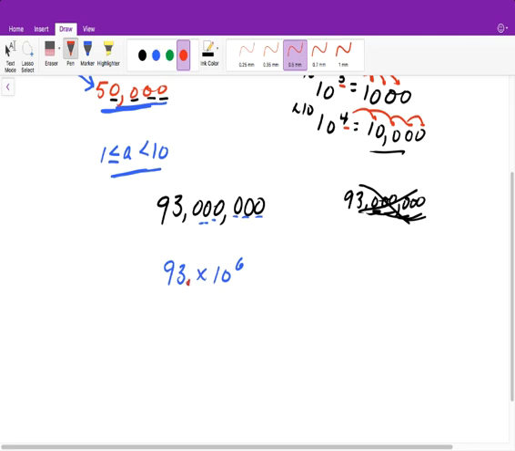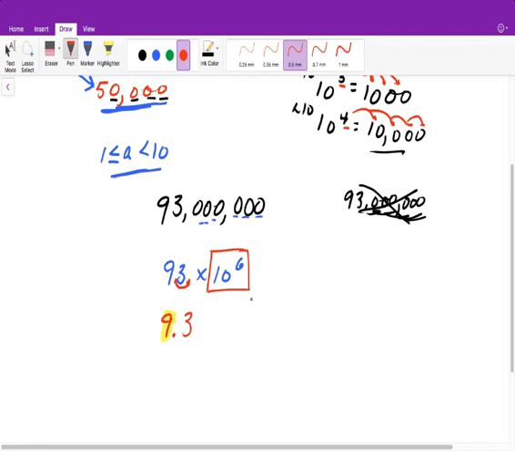So this decimal place is understood to be over here. So we actually need to rewrite this as 9.3 so that this first digit is greater than or equal to 1 and less than 10, which is what it is now. But since we rewrote this 93 as 9.3, we need to now change this 10 to the 6th power, all right?